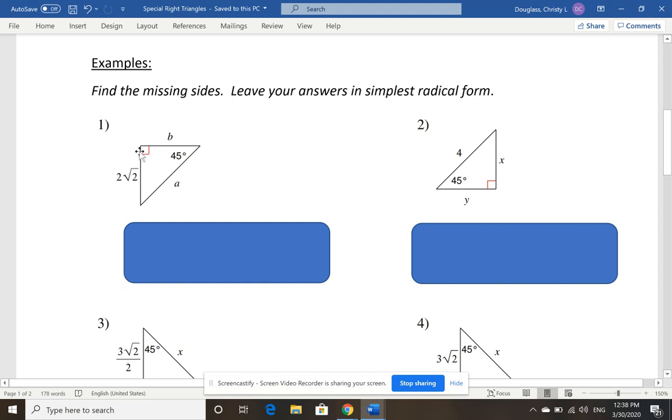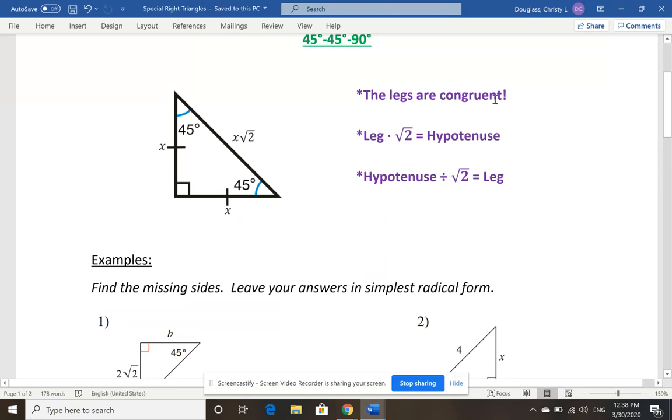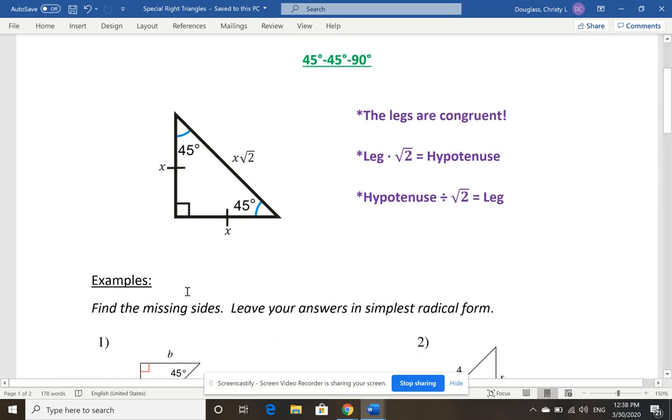The legs are this side labeled 2 square roots of 2 and B. And the first thing that we noted up here was that the legs are congruent. So you might want to pause, take a moment to either take a picture of this or write this down, because this would be a really good reference for you to use as you work through your assignments.